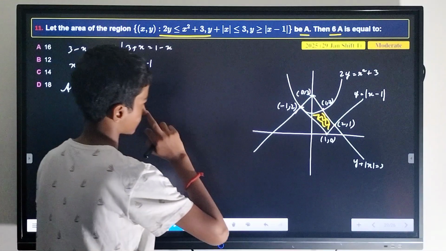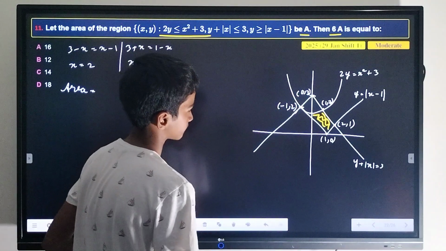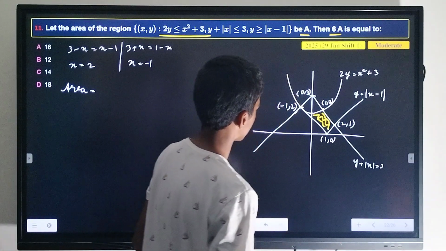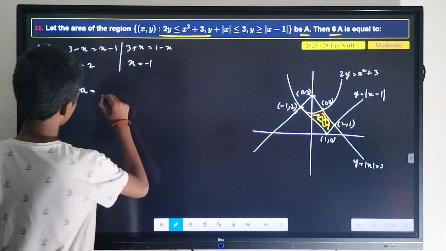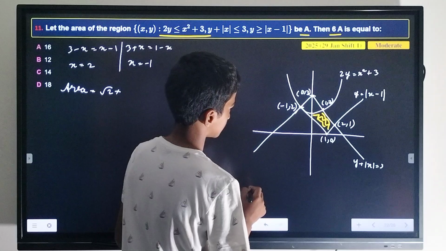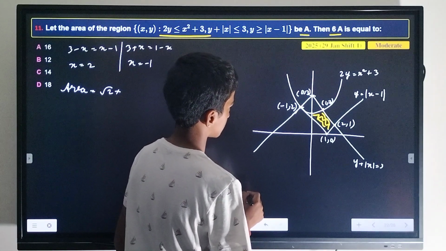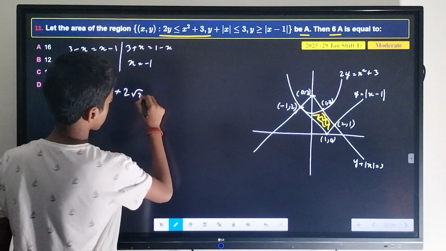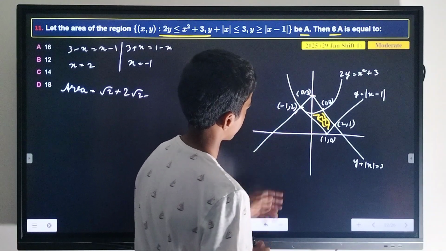is equal to, first of all we will find the area of this rectangle. Now all the edges are perpendicular, so this is a rectangle. From here our area will be root 2 into 2 root 2, minus the area of this sector.